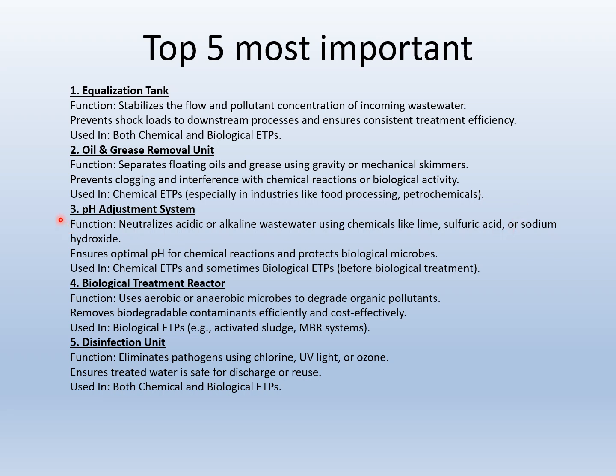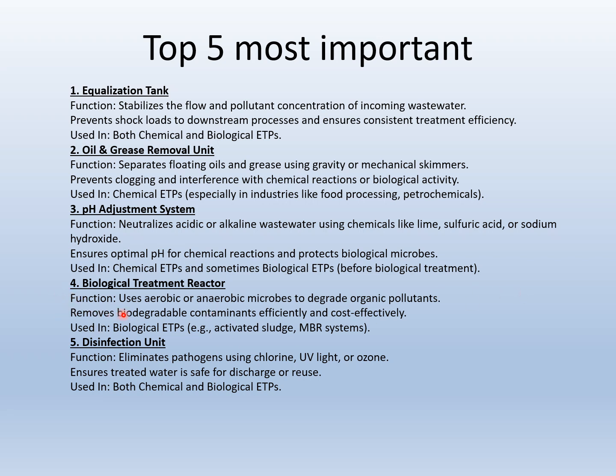3, pH adjustment system. Function: neutralize acid or alkaline wastewater using chemicals like lime, sulfuric acid, or sodium hydroxide. Ensures optimum pH for the chemical reactor and protects biological microbes. Used in chemical ETP and sometimes biological ETP before biological treatment. 4, biological treatment reactor.